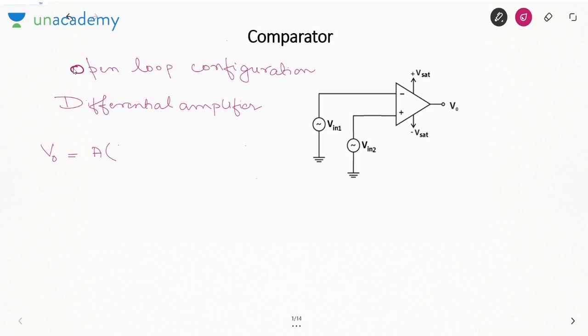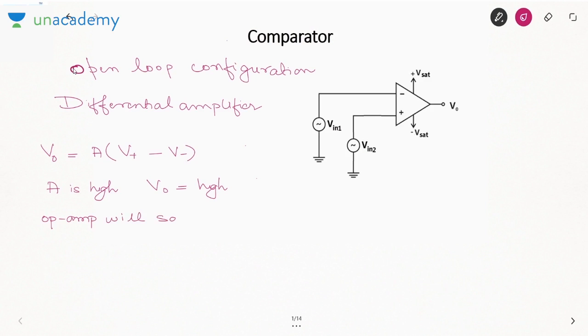Okay, in that case what we know is V0 is equal to A times, A is the open loop gain, positive terminal voltage minus negative terminal voltage. Now we very well know that A is high. If A is high, then V0 will be high. If V0 is high, you can understand that Opamp will saturate.